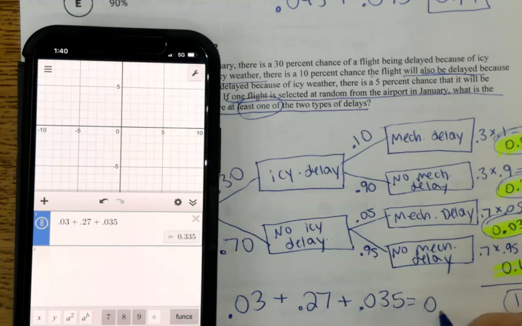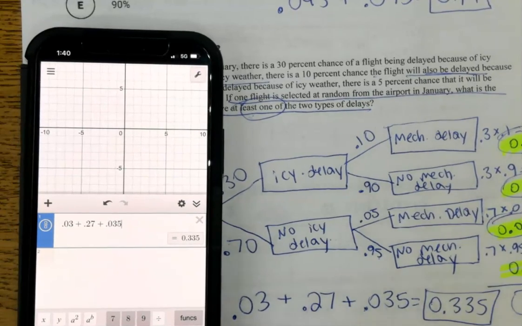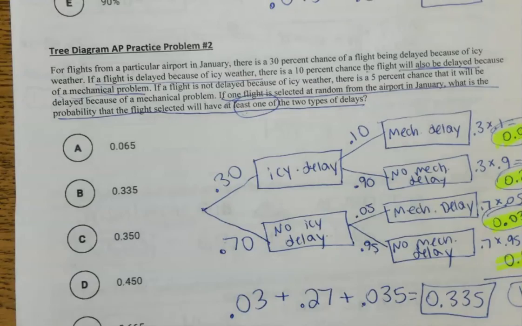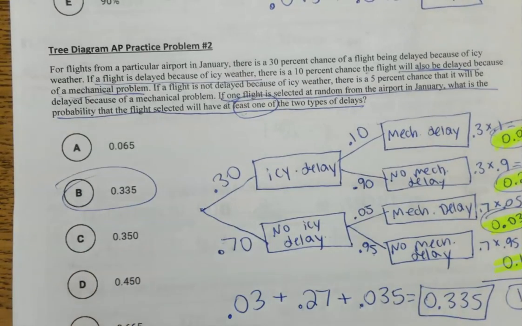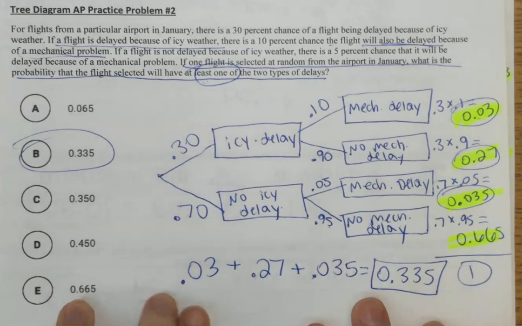And it does. The final answer is 0.335. Let's see if that's listed out in our answer choices. It is. Answer choice B. All right. Let me know if you have any questions.